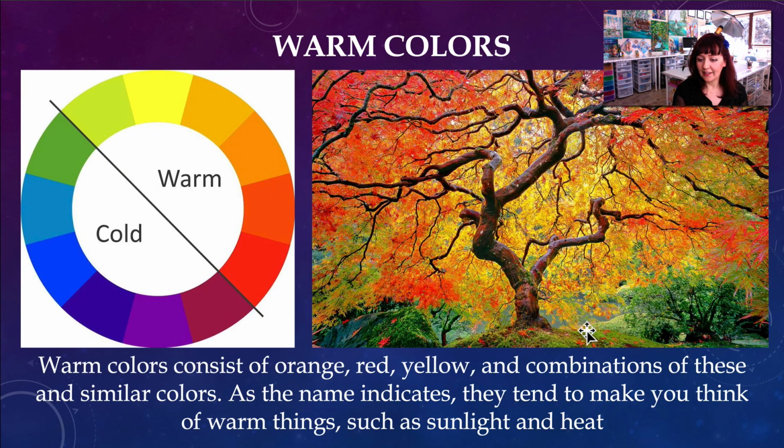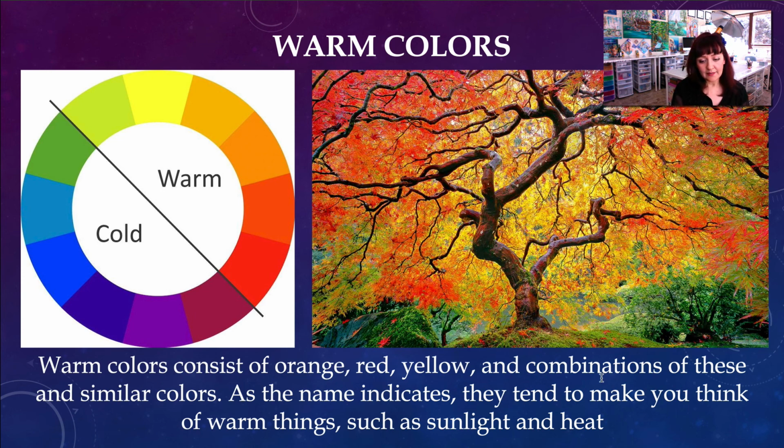Next slide, I have an example about warm colors. So on your color wheel, half of it represents warm colors, anywhere from green, blue, all the way to red. Warm colors consist of orange, red, yellow, and combinations of these and similar colors.